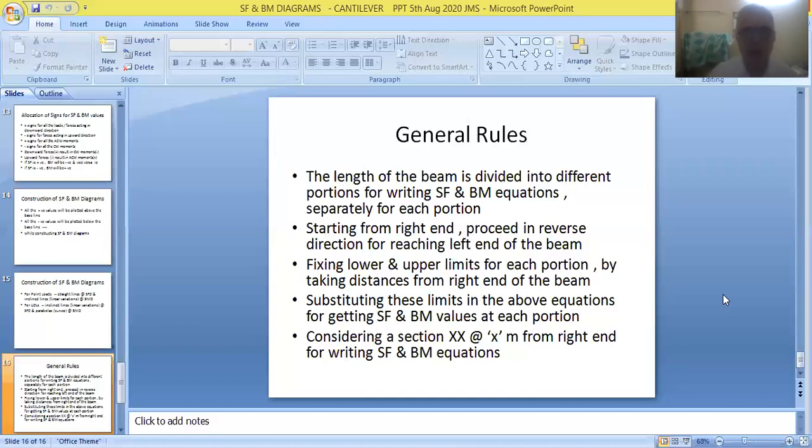So this way we have to write SF and BM equations for all the portions of the beam, and fixing the limits, lower and upper limits for each and every portion, substituting these values in corresponding SF and BM equations and getting the results, and preparation of SF and BM diagrams using these results. These are the things to be done while solving problems on this chapter.